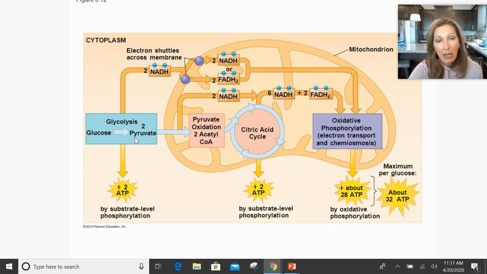Electrons are being lost from the organic molecules, and those electrons are being picked up by NAD plus, or FAD. These are molecules that can transport electrons and hydrogens to my oxidative phosphorylation event, which is electron transport, where oxygen is my final electron acceptor, and chemiosmosis, where protons diffuse through ATP synthase.